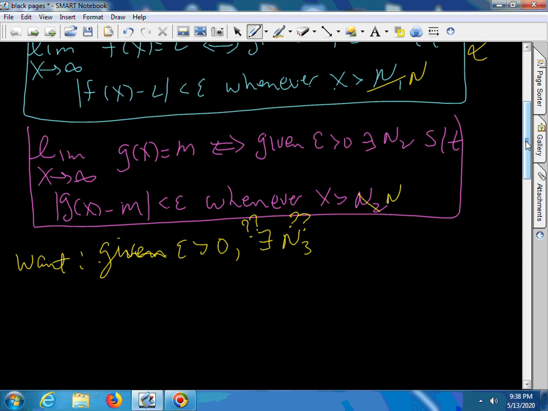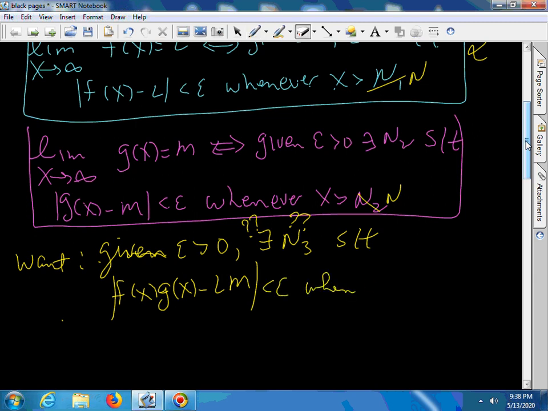Given epsilon greater than 0, there exists an N3 such that the absolute value of f(x)g(x) minus LM is less than epsilon whenever x is greater than this unknown value.